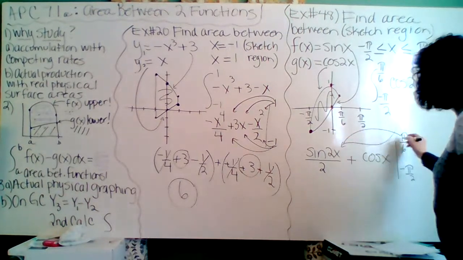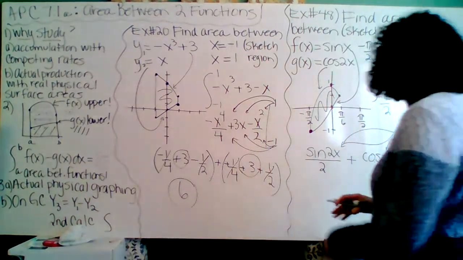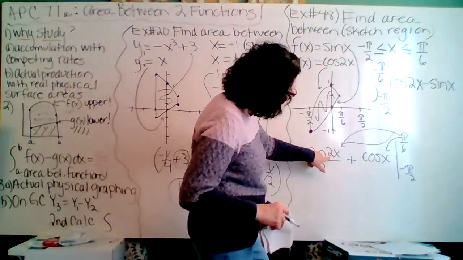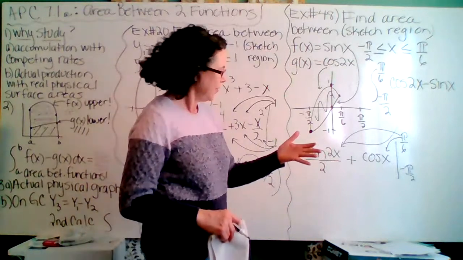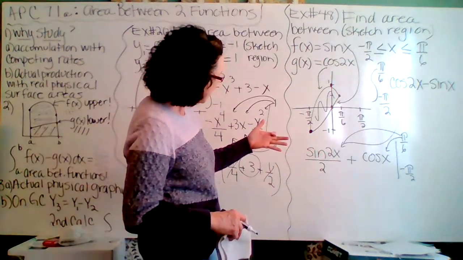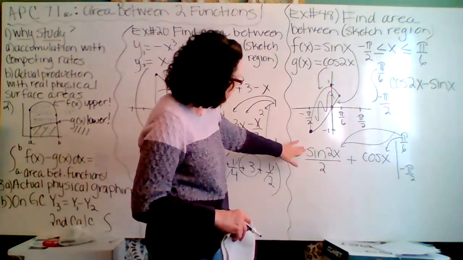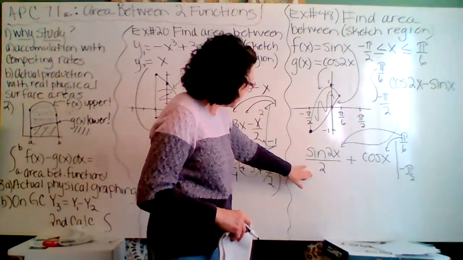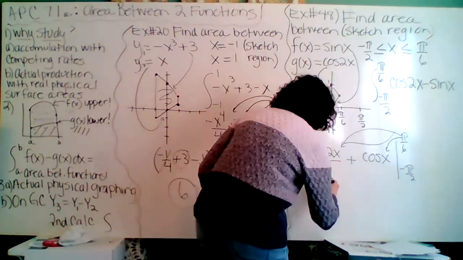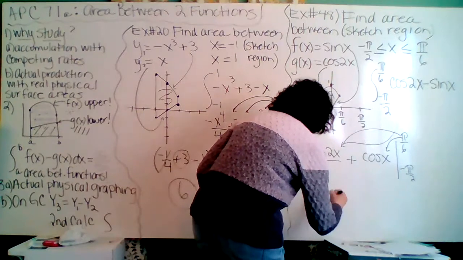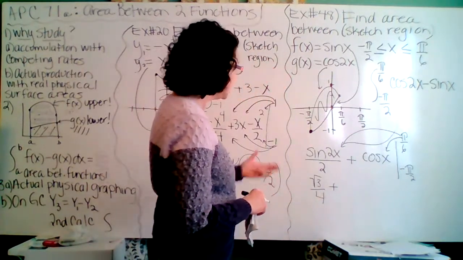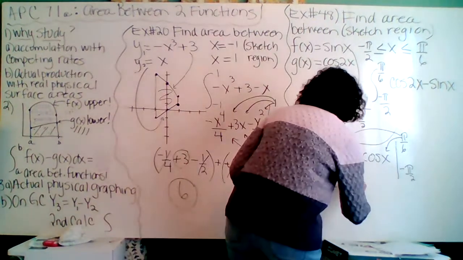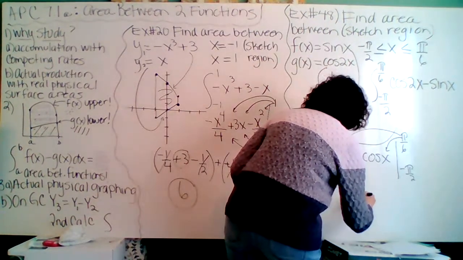Here's my f of b. When I put pi over 6 in, that would be sine of pi over 3. Sine of pi over 3 is the square root of 3 over 2. Divided by 2 is the square root of 3 over 4. So plus, and then cosine of pi over 6 is the same, the square root of 3 over 2.